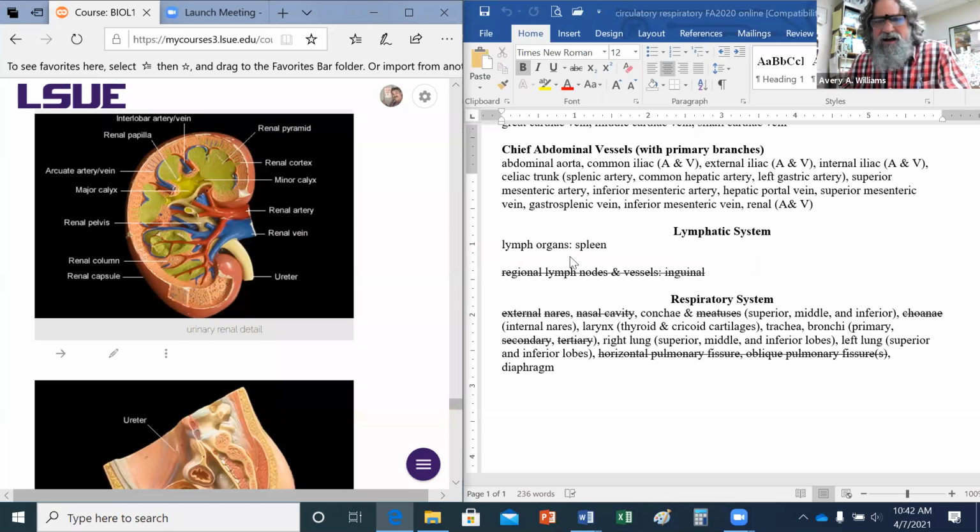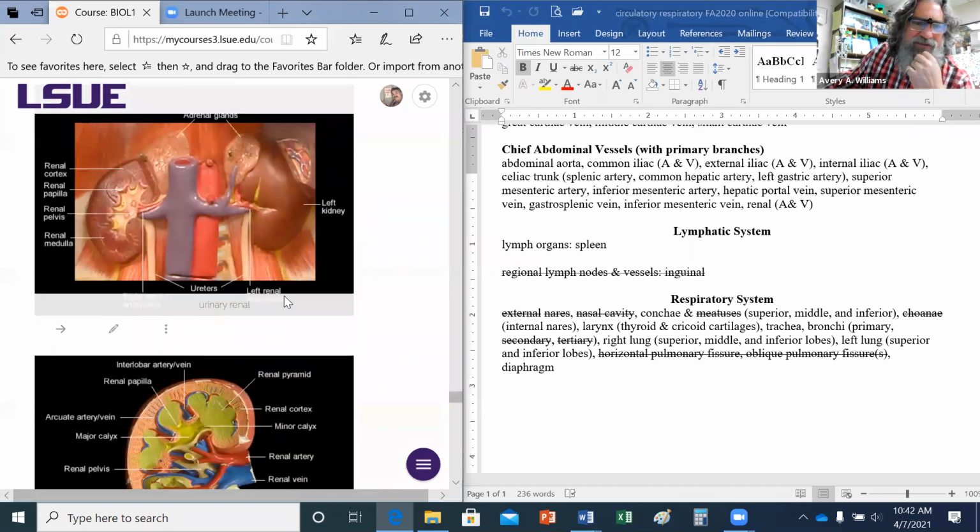And the spleen is part of the lymphatic system, part of the circulatory system, the endocrine system. It's in a few different systems, but its main contribution, I guess, would be as a lymph organ or part of the circulatory system.